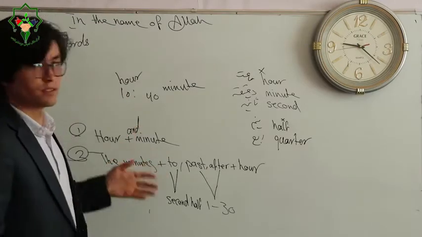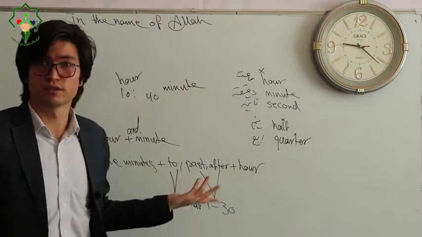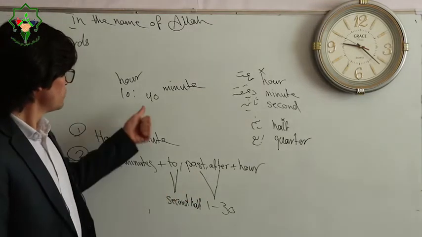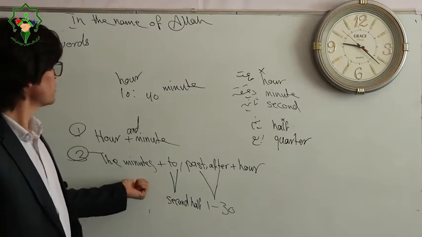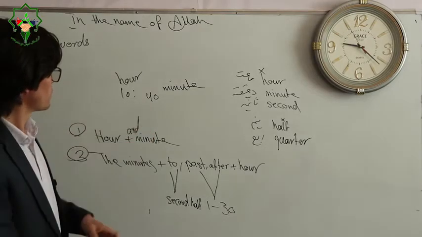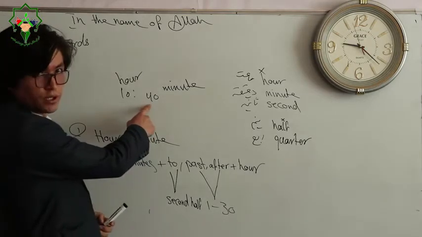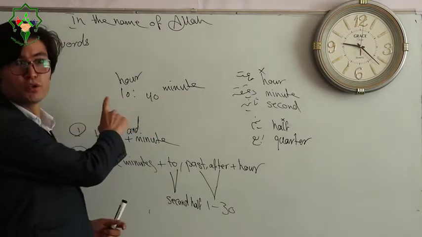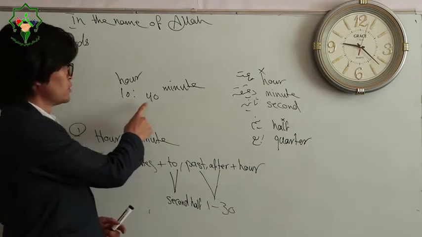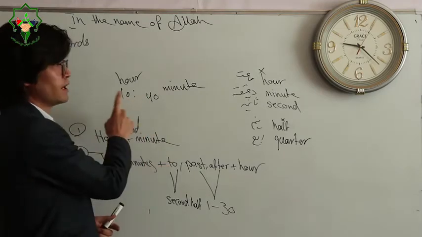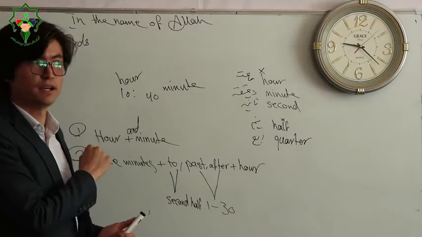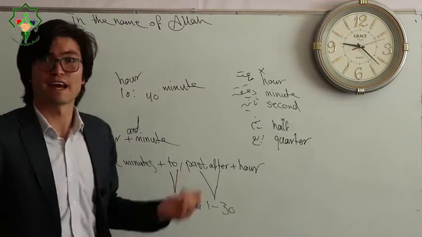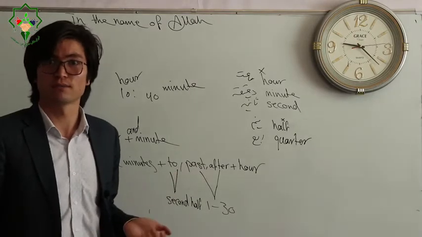The first structure is easy. 10 and 40. 10, 40. But if you want to say it in this structure, you have to say like this. 20 to 11. Here we don't mention this hour. 20 to 11, not 10. Okay? In the second half, you have to mention the second hour or the hour that comes after.